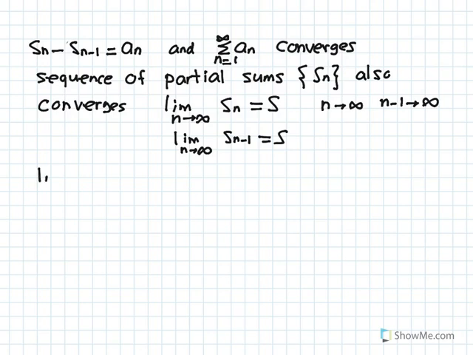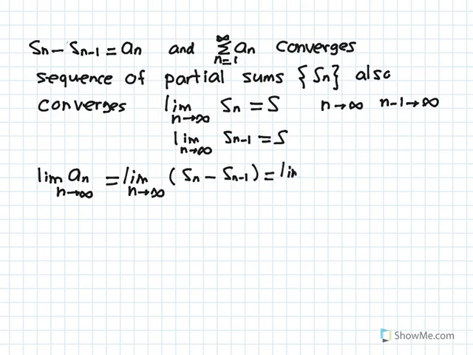So we can show that the limit of an as n goes to infinity is equal to the limit as n goes to infinity of Sn minus Sn minus 1. Distribute the limit, and we get the limit of Sn as n goes to infinity minus the limit as n goes to infinity of Sn minus 1.